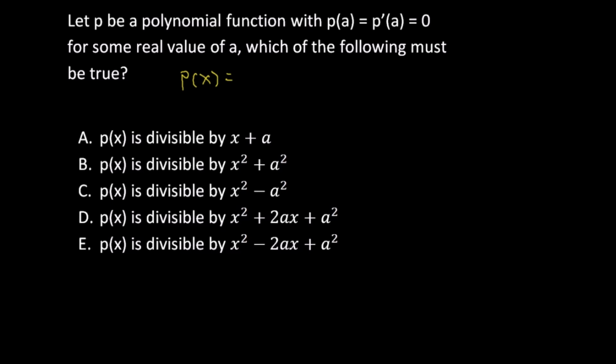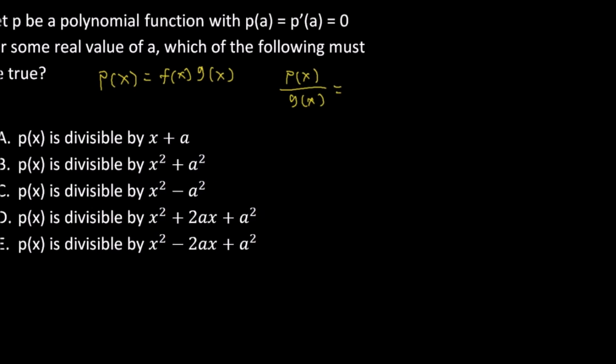So I would call the first function f at x times the second function g at x. If I let g at x equal the function in each of these choices, would p at x be divisible by g at x?